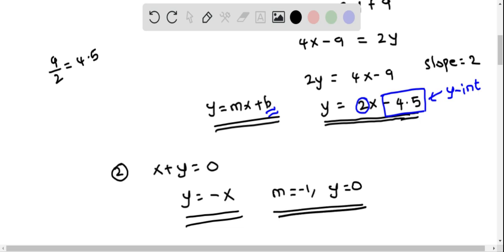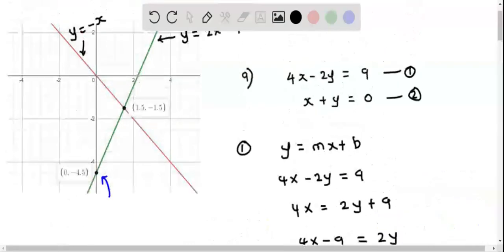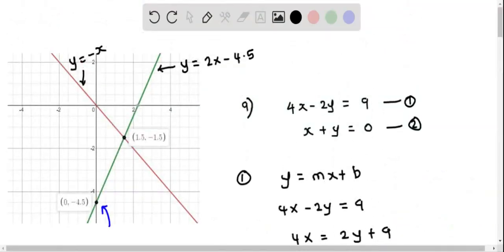In fact, this is one of the standard equations which passes through the origin. That is the graph of this equation, which is a straight line passing through the origin with the negative slope. So we get the graph of y equal to negative x like this, which is shown in red color.